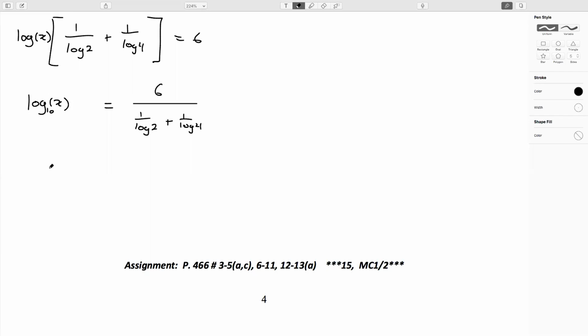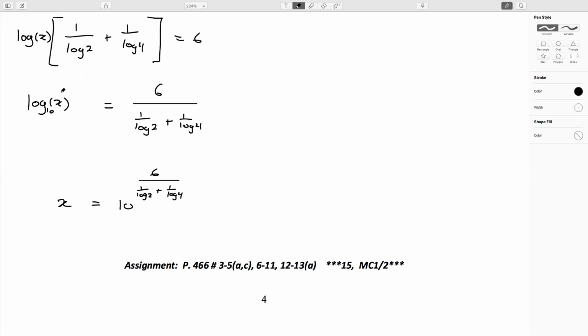So we know that x must equal 10 to the power 6 divided by 1 over log 2 plus 1 over log 4. This is just a number. This is the power of the base that the argument equals.